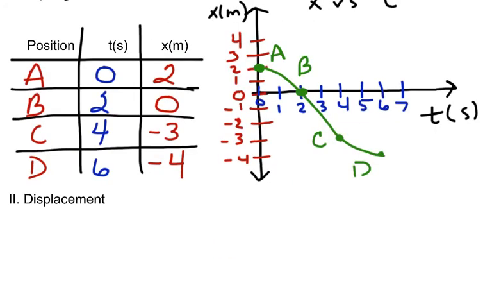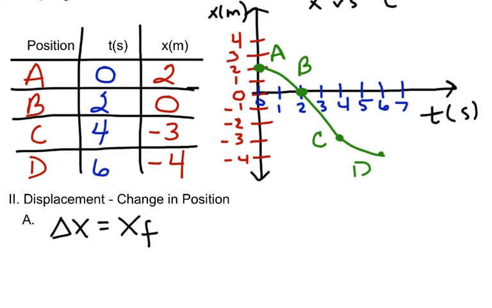Okay, now let's talk about displacement, which is basically a change in position. Now, the symbol for displacement is a delta x, and that's equal to your final position minus your initial position.